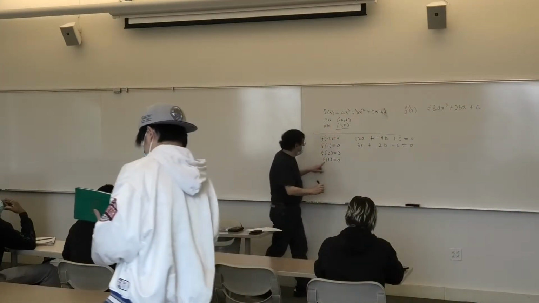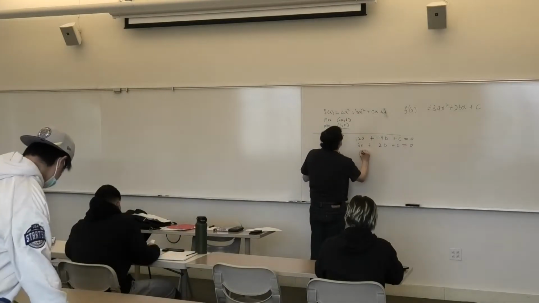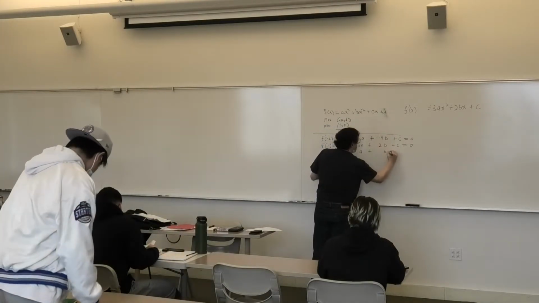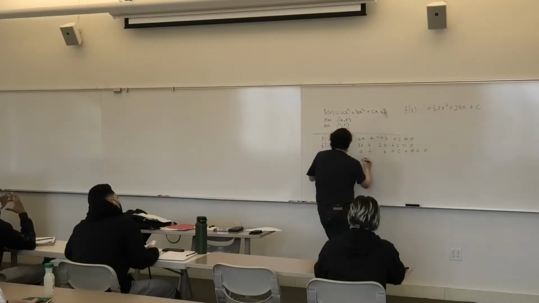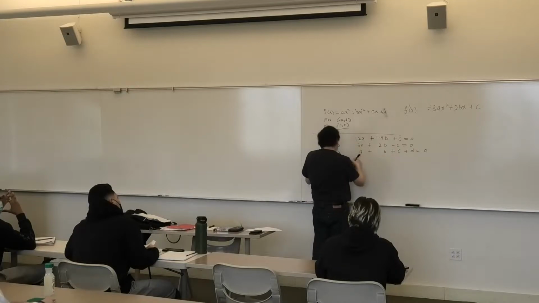F of 1, that's a plus b plus c plus d equals 0. Oh yeah, I do need these 4 equations.